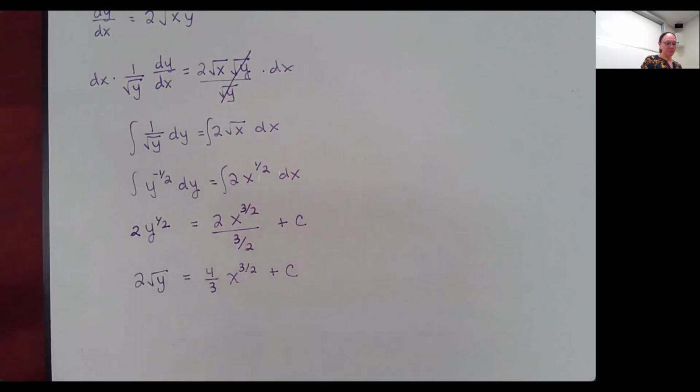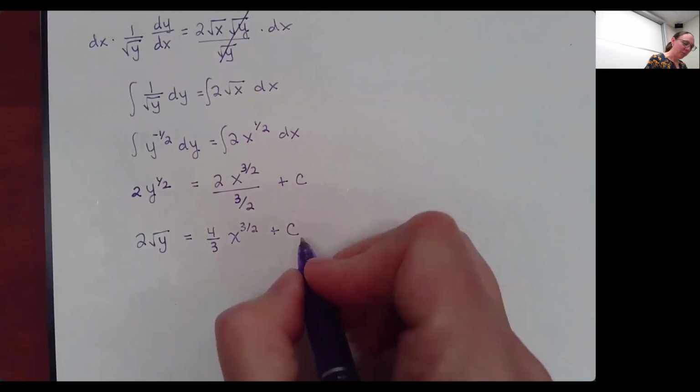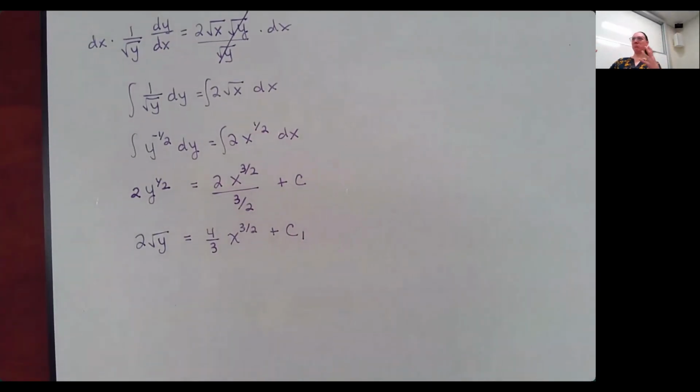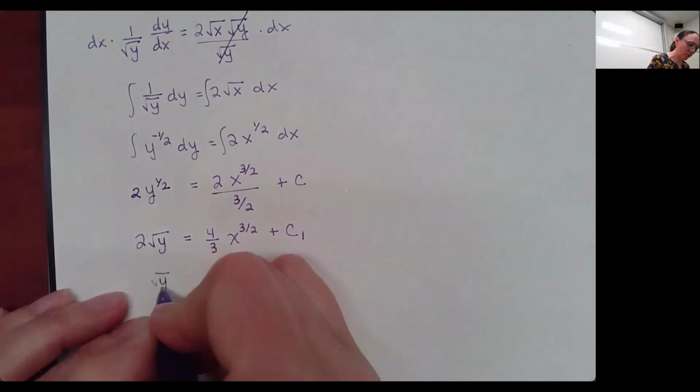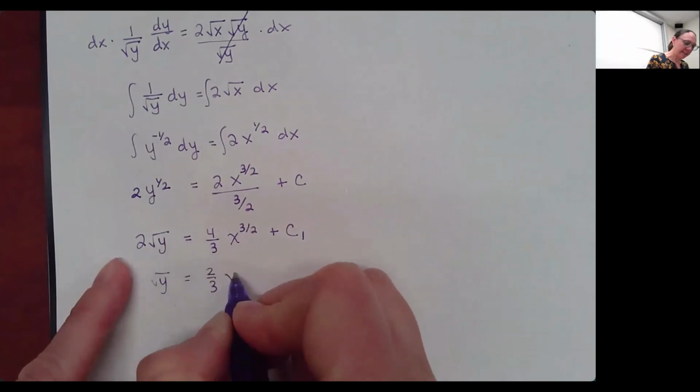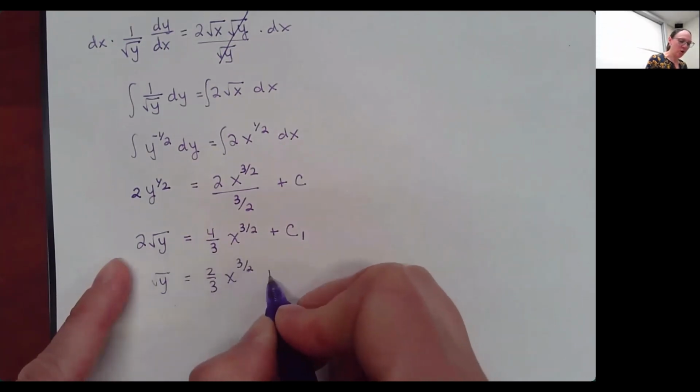Choices, but I'm going to go ahead and divide both sides by 2. And when I do that, dividing that constant by 2 is just a new constant. So I would write that as the square root of y is equal to 2/3 x to the 3/2 plus a new constant c.